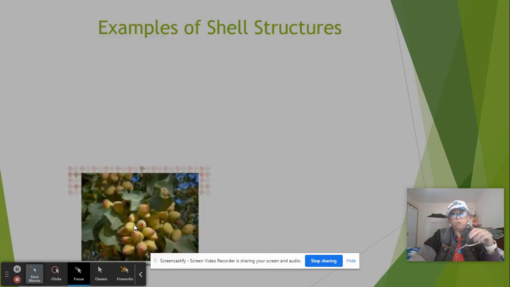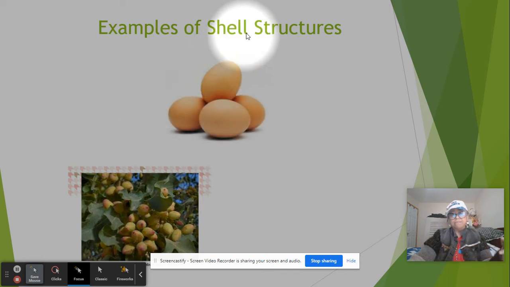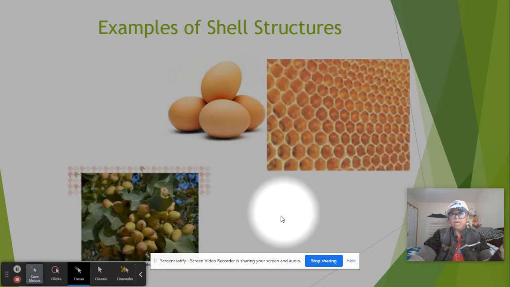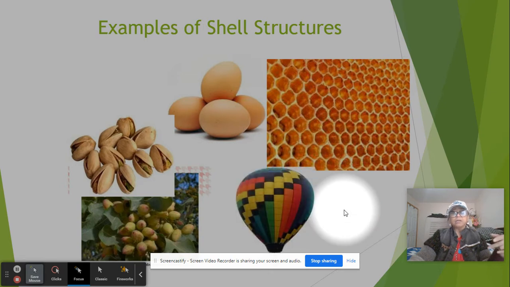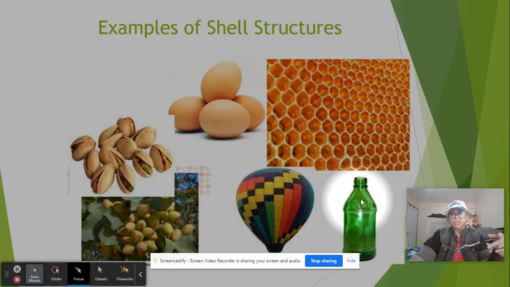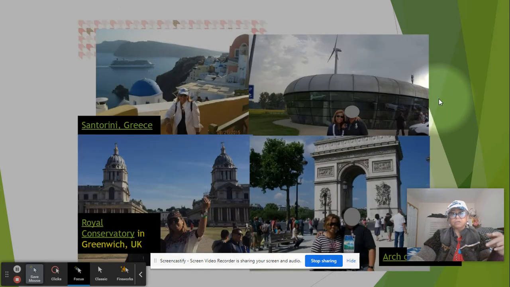Now, in nature, common fruits like the pistachio nuts have a shell structure. Eggs, what else? Honeycombs, right? Or even hot air balloons here are all examples of shell structures. Bottles also. Many buildings also have shell structures, like commonly the rooftop. If one would be in Santorini, Greece, many of the houses, dwellings, or even buildings consist of only two colors, white and blue.